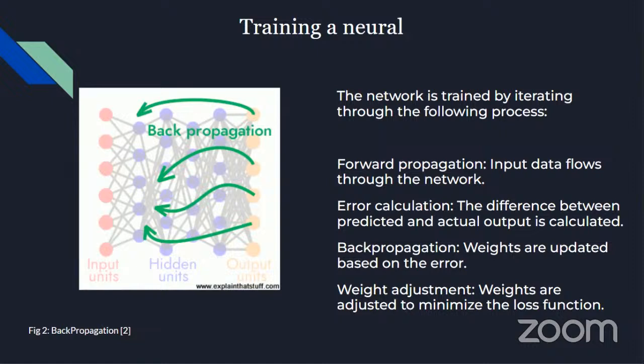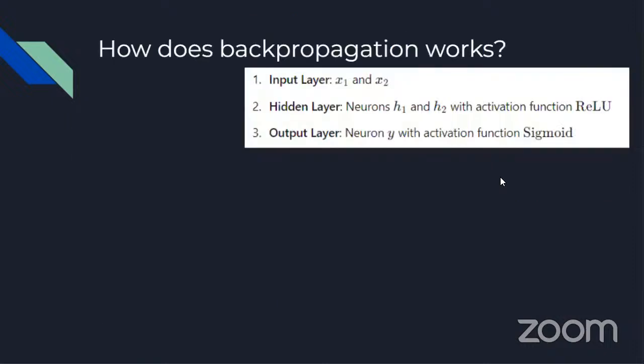Till then, it keeps on working. So in machine learning or deep learning language, we say that many epochs happen while training, right? So this is what happens when you train a model.